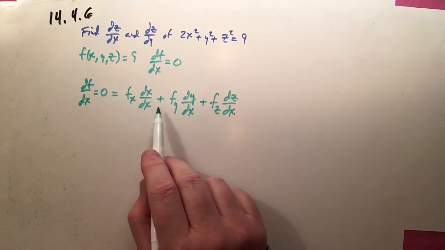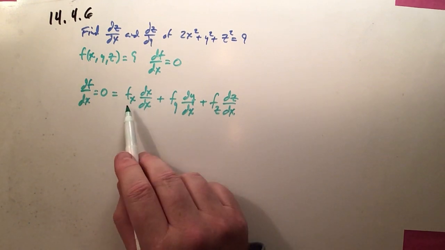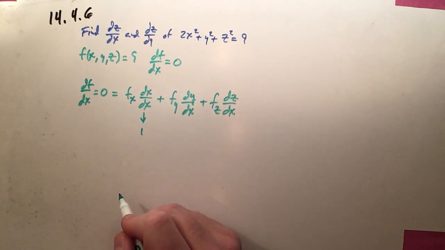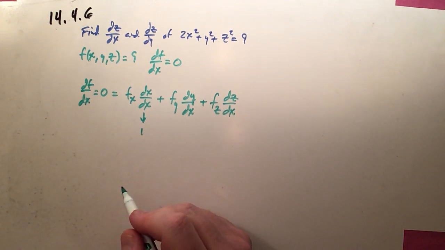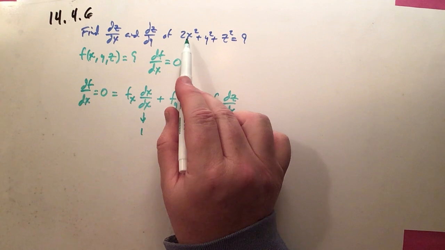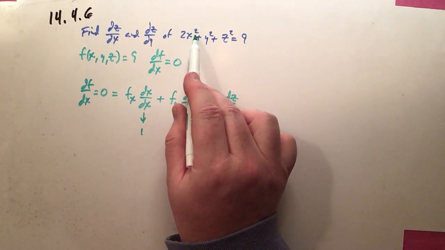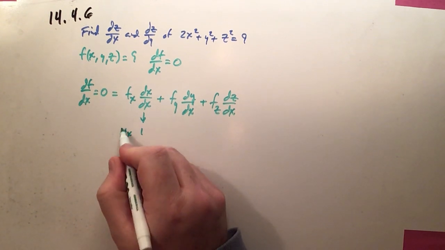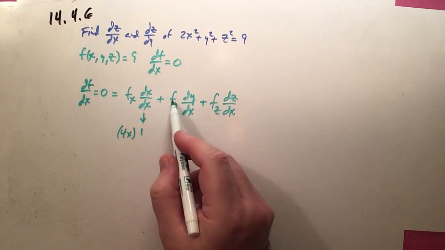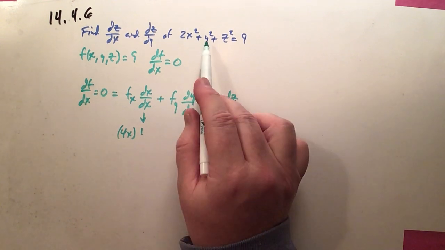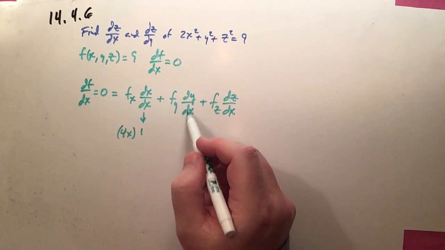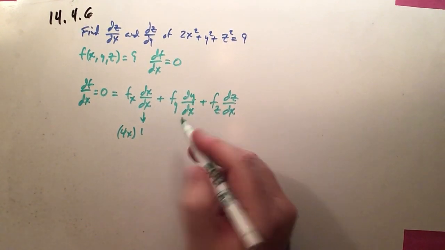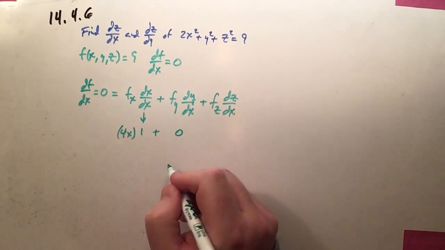What I want to do now is actually perform each one of these. Well, the first term's easy. dx/dx is just 1. And I know that the partial with respect to x is, for this term, 4x. So it's 4x times 1 for the first term. The partial with respect to y is 2y, but dy/dx, the partial of y with respect to x, is 0, because x and y don't depend upon each other. So I know that middle term is going to be 0.